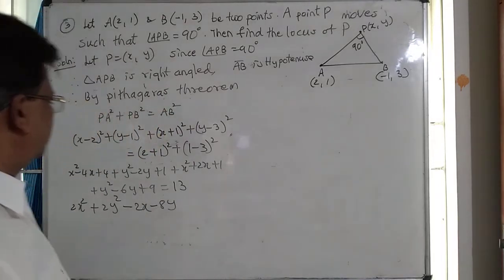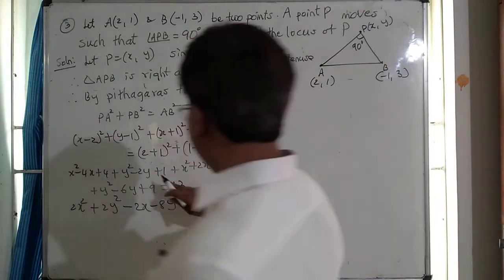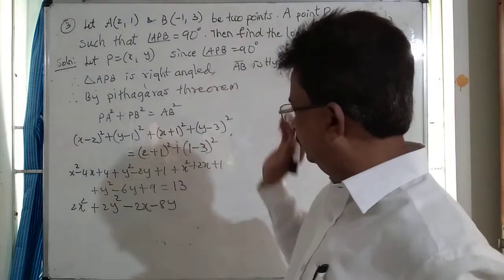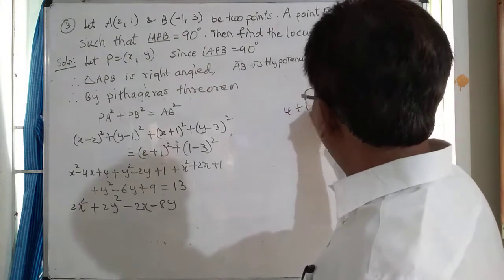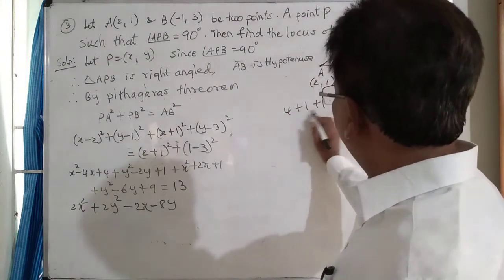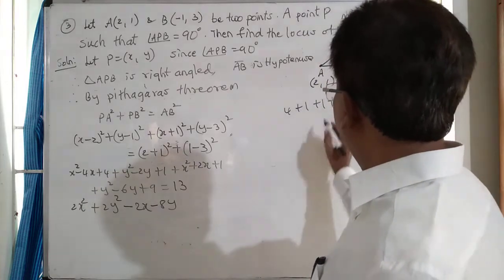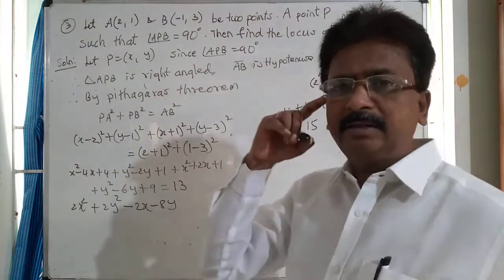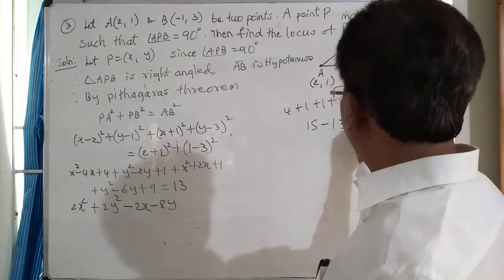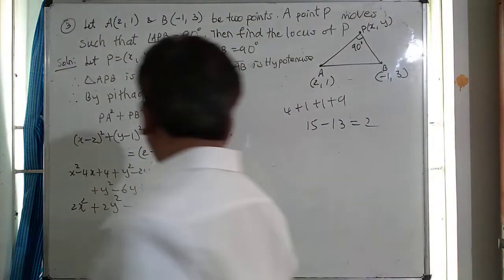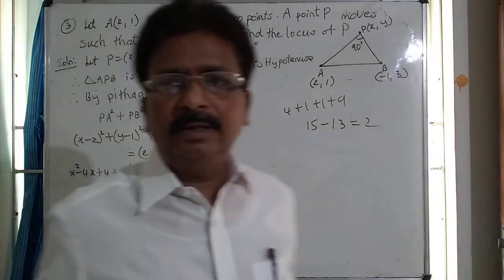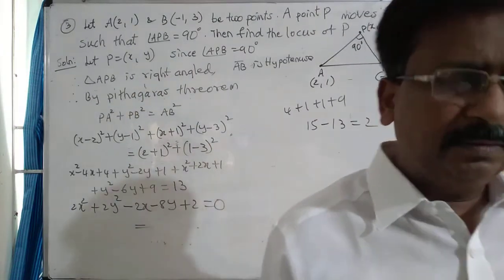Constants. Which constants are there? On the left side, constants 4, 1, 1, 9. 4 plus 1 plus 1 plus 9, 9 plus 1, 10 plus 4, 14 plus 1, 15. On the left side constant 15, right side constant 13. 15 minus 13 is 2, plus 2 is equal to 0. Okay, completed. Note it.